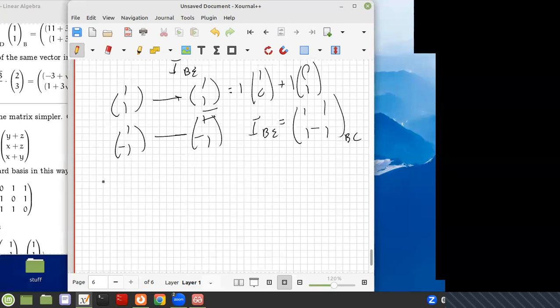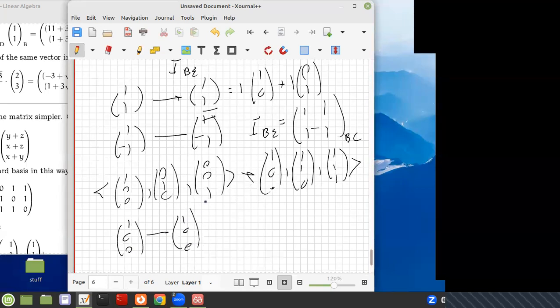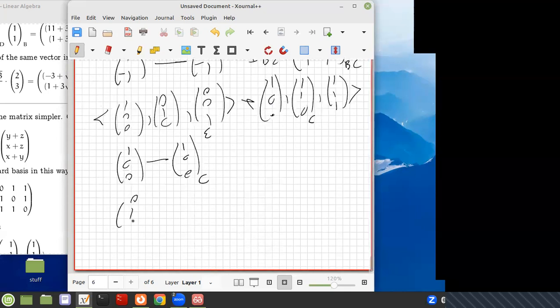So we need the identity map from the standard basis to C. Take (1, 0, 0), which goes to (1, 0, 0); we need that in this basis here, and then (0, 1, 0) goes to (0, 1, 0), which we also need in this basis.